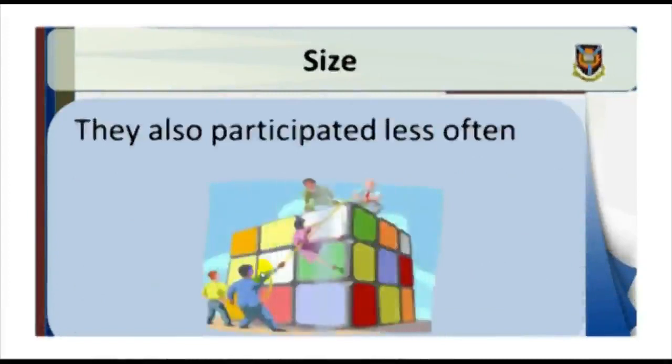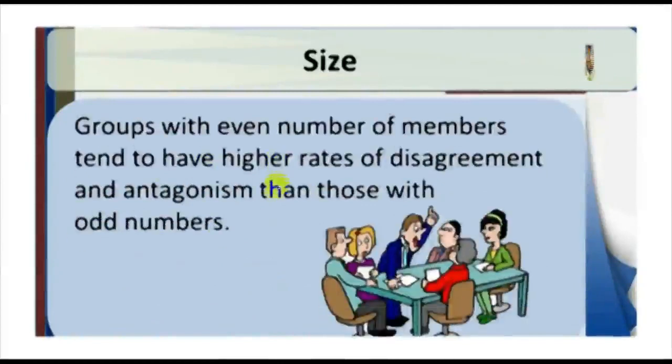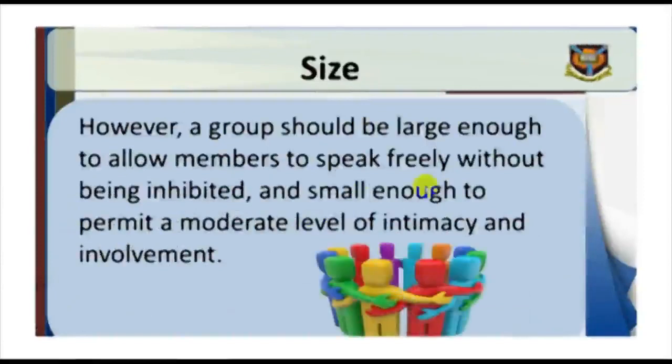Groups with an even number of members tend to have higher rates of disagreement and antagonism than those with odd numbers because of the possibility of dividing the group into 2 equal subdivisions. However, a group should be large enough to allow members to speak freely without being inhibited, and small enough to permit a moderate level of intimacy and involvement.